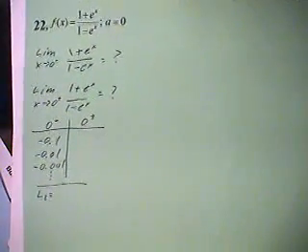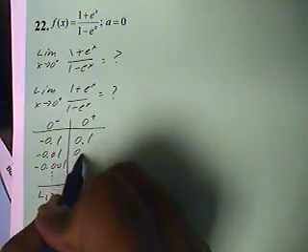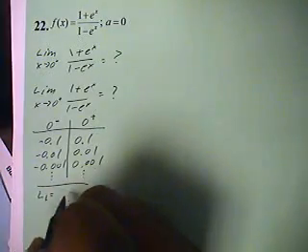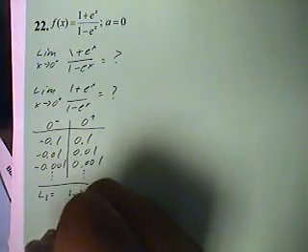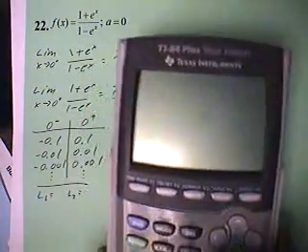Then on the right side of 0, we'll use numbers like 0.1, 0.01, and 0.001, and continue that process until we find out what the other limit is. Alright, so let's begin that process.